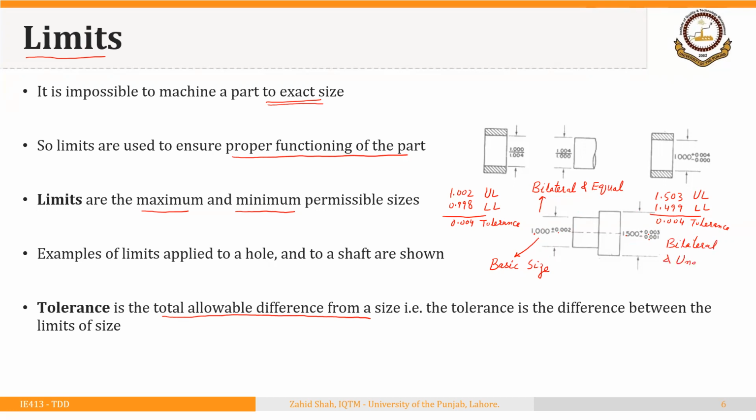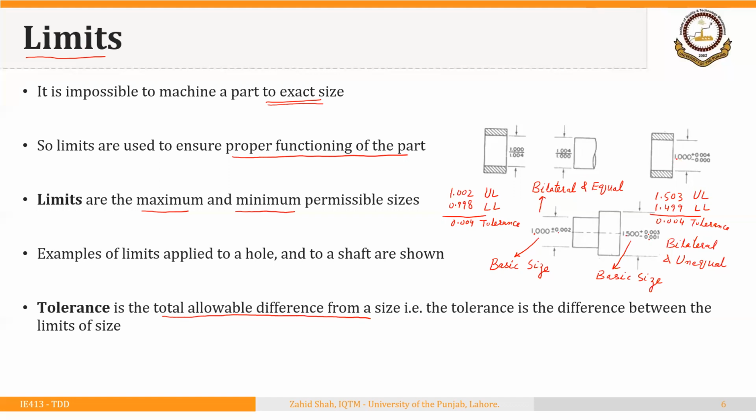It is bilateral and unequal. So on the upper side from the basic size, this is the basic size of 1.500, a variation of 0.003 is allowed, and on the lower side, a variation of 0.001 is allowed. So the tolerance is bilateral, but it is unequal.